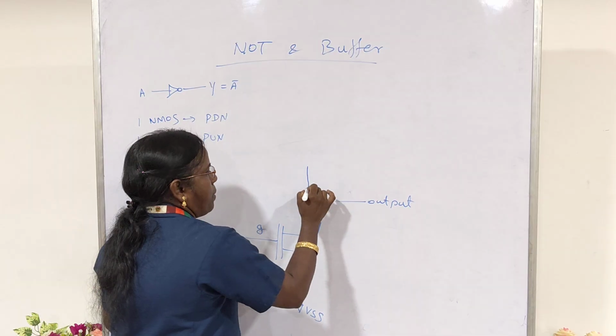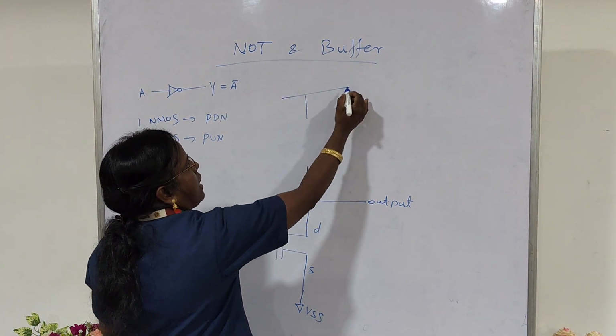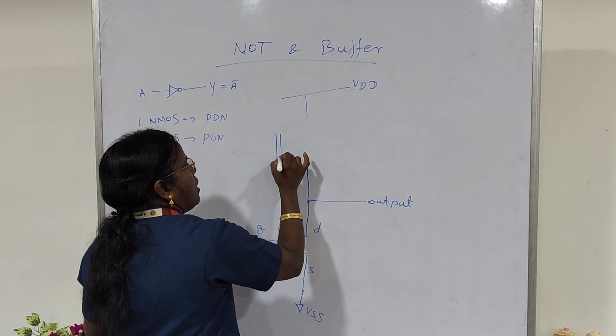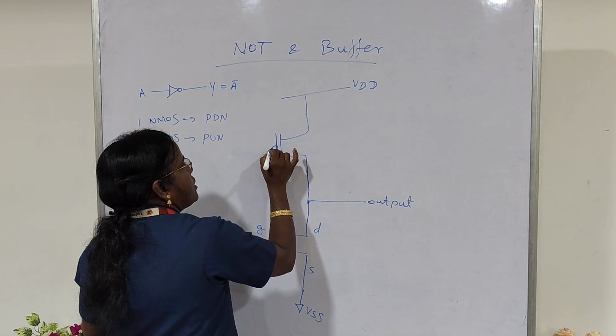And in the pull up network, connect this PMOS transistor between output and VDD. So use the PMOS symbol in this way and insert a bubble at the gate terminal.